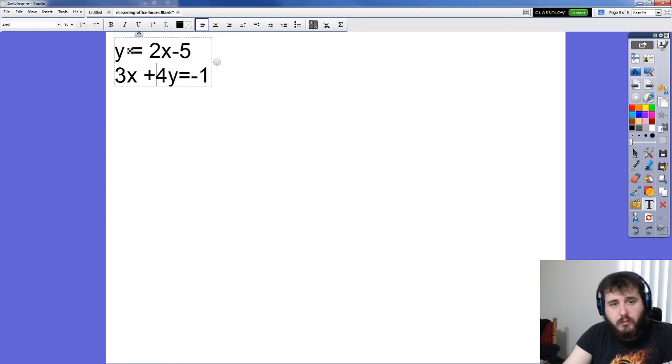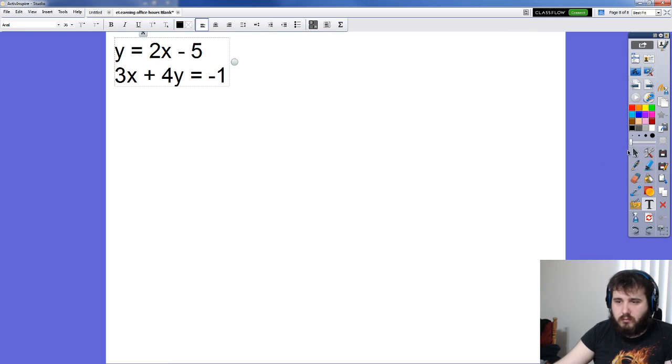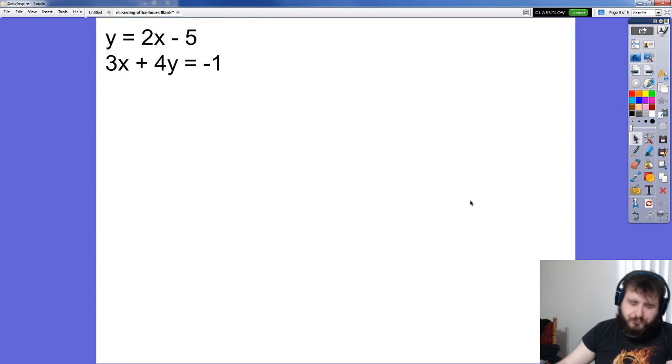It doesn't matter which variable, you can pick whichever variable you like. But if you are using substitution, you won't be able to do it unless one of the variables is already solved for like this.